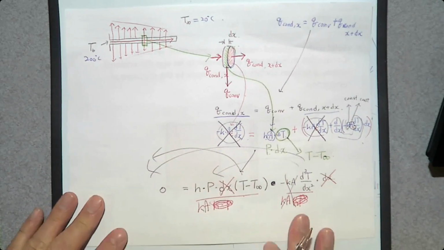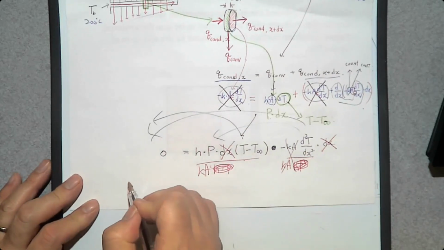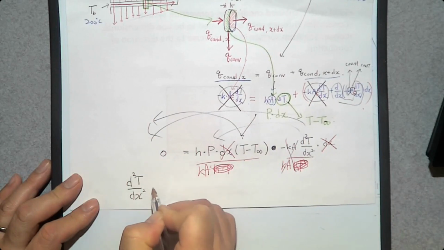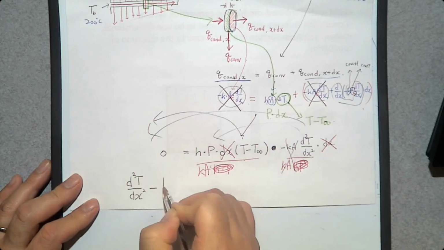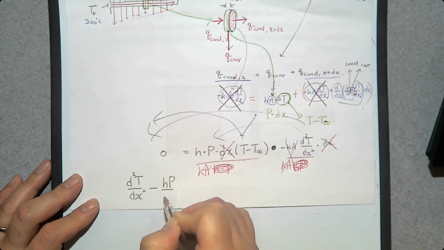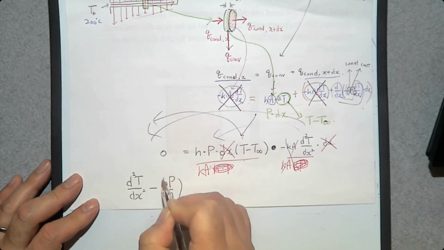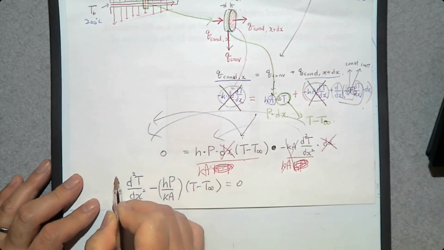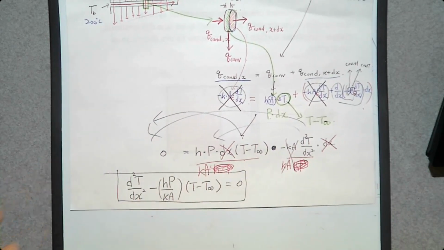This one also to the left hand side. Then this equation becomes d squared T over dx squared minus hP over kA times T minus T infinity equals 0. Then this is the governing equation.